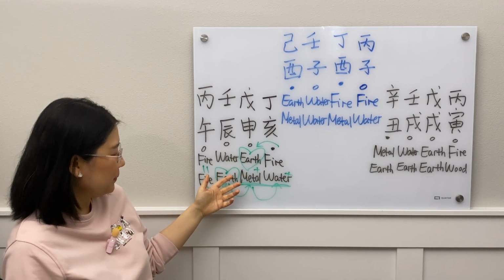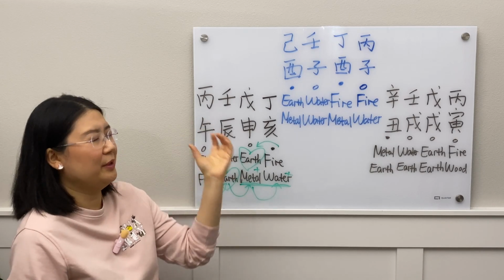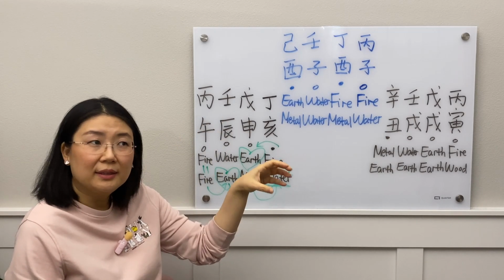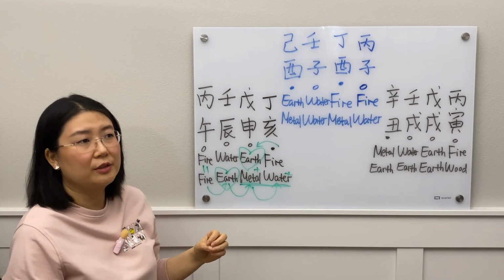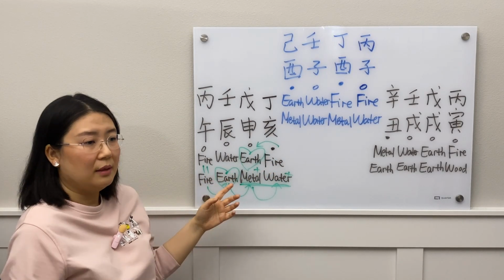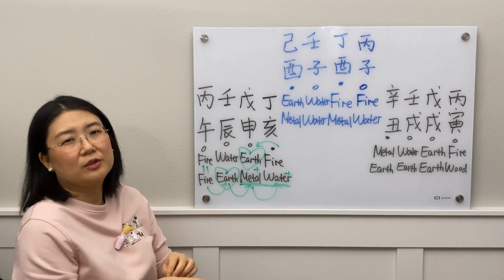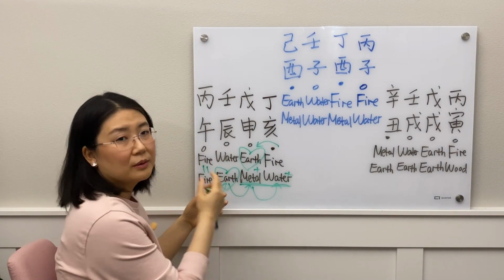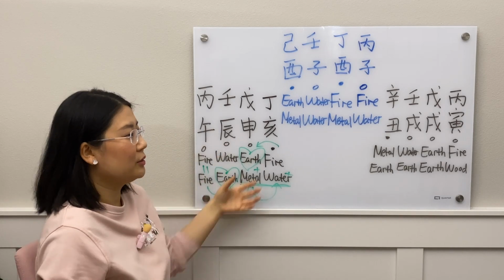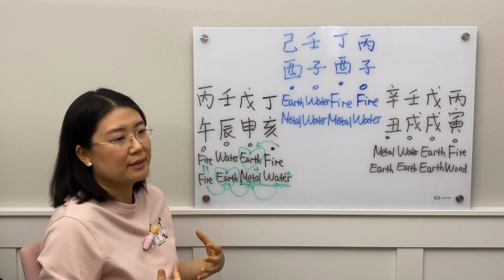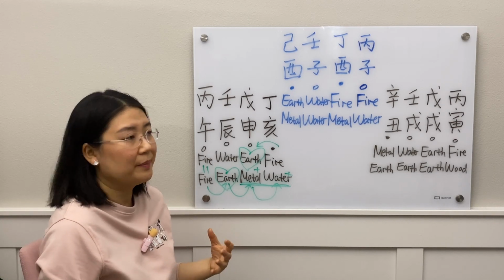For example, if you have a very pure and strong fire and earth type of 10-year trend and annual trend being introduced, then you disrupt the initial balance because too much regulation and stress is newly introduced into this original condition. Then you disrupt the harmony, and this person might experience a lot of unnecessary stress.